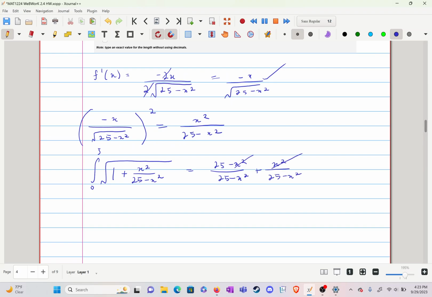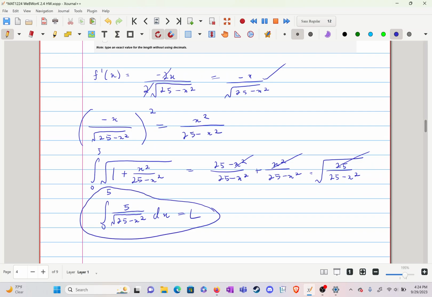The x squared terms cancel out, giving us the square root of 25 over 25 minus x squared, which simplifies to 5 over square root of 25 minus x squared, dx. That is our L integral here for part 1.